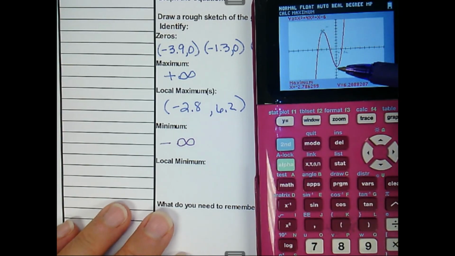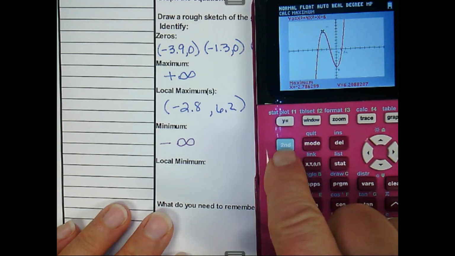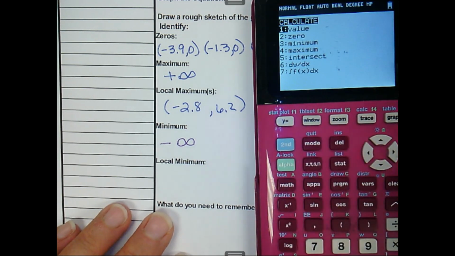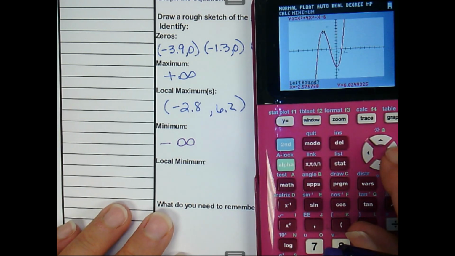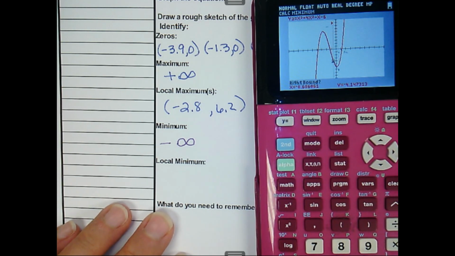My local minimum is where this changes from a negative slope to a positive. So I hit second trace. I want a minimum, which is 3. Same thing again. Get close to the point on the left side, hit enter. Go around to the right side, hit enter.